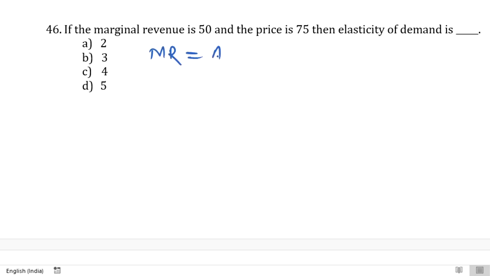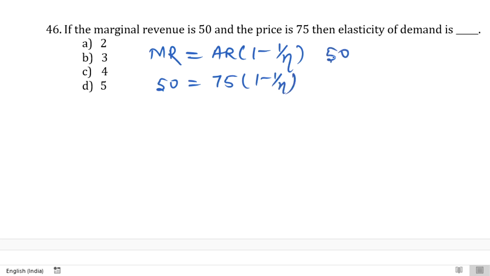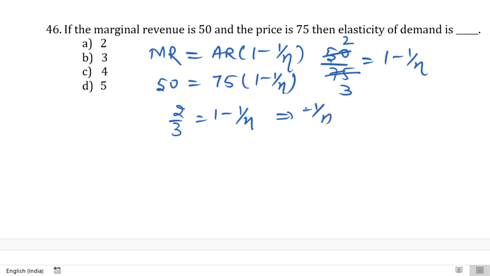MR is equal to AR into 1 minus 1 by nu. How much is the value of MR? 50. AR is 75. Let's take 75 on the other side. So 50 upon 75 is 1 minus 1 by nu. So 2 upon 3 is equal to 1 minus 1 by nu. Now I can take minus 1 upon nu on the other side.